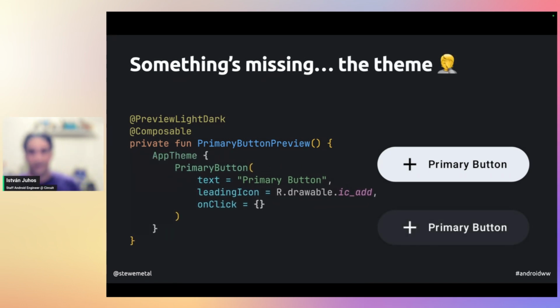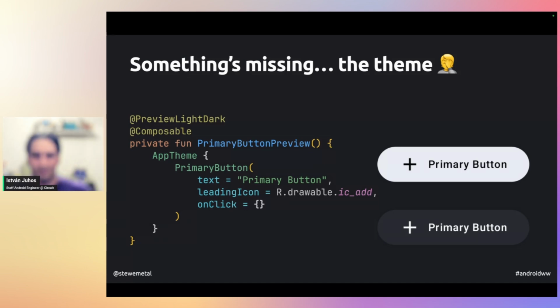So I talked with a lot of people who wrote a lot of previews, and the common issue is that they constantly forget to add the app theme to their previews, and because of that, the preview, of course, acts strange. Some default colors sneak into the mix. And of course, I make the same mistake all the time, pretty much.